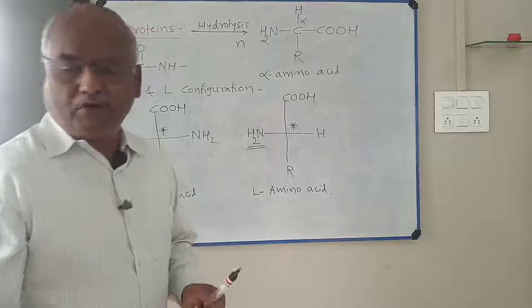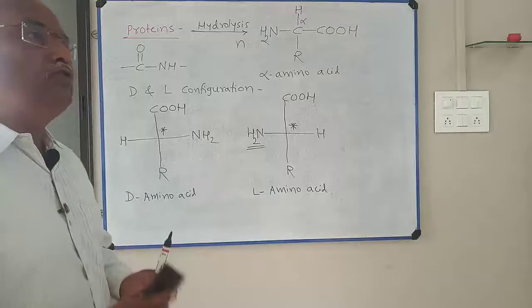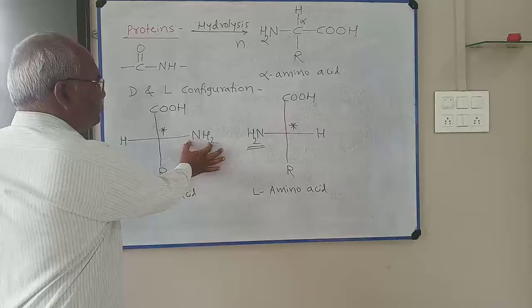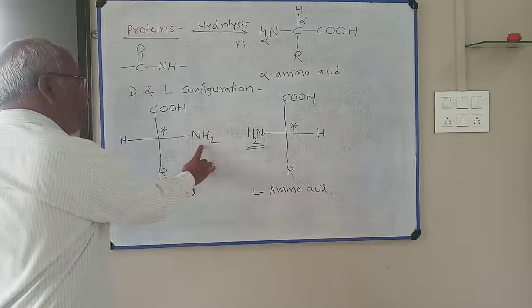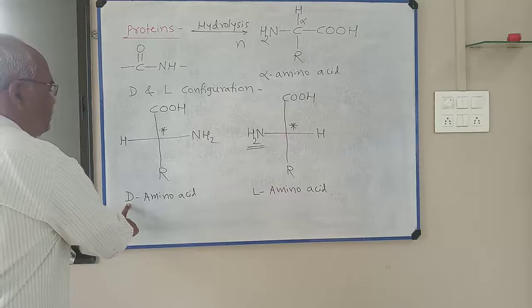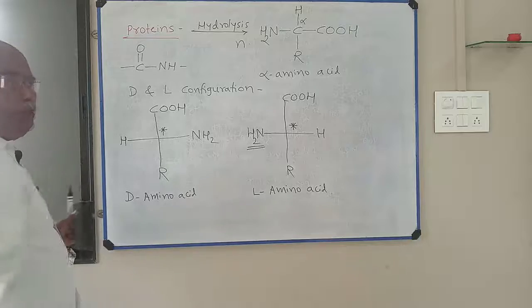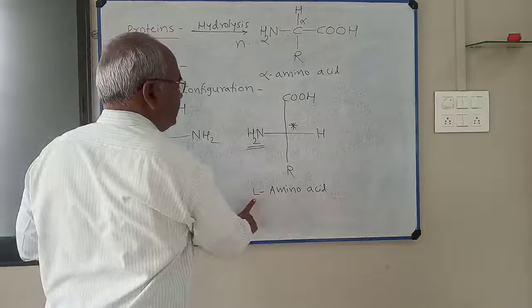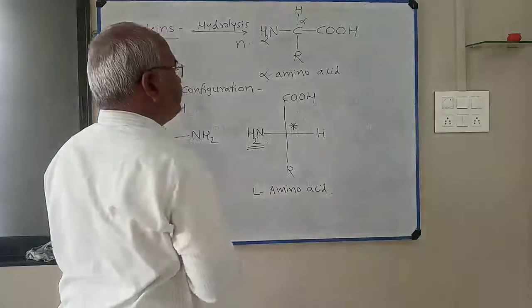So this is about D and L configuration. Remember, when NH2 group is present on the right hand side, it is called D amino acid. When NH2 group is present on the left hand side, it is called L amino acid.